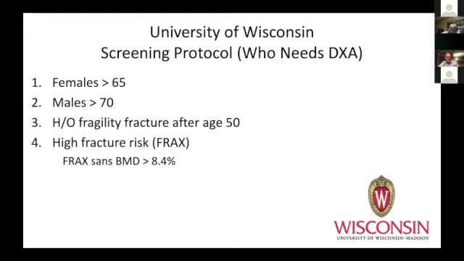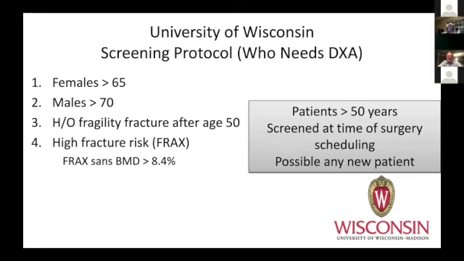And if there's a high FRAX risk, and right now we're just determining who needs a DEXA, so the FRAX risk is calculated without a BMD, of greater than 8.4%. If they meet any of those criteria, then they would get a DEXA scan before an elective surgery. This only applies to patients over the age of 50, and the screening is done at the time we discuss surgery with the patient, usually the first or second visit.